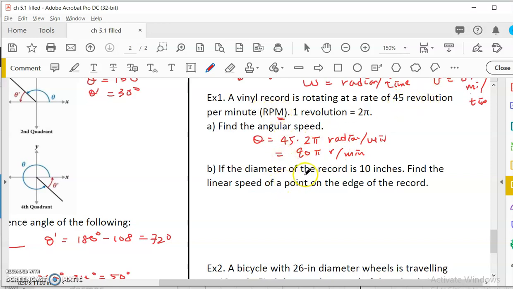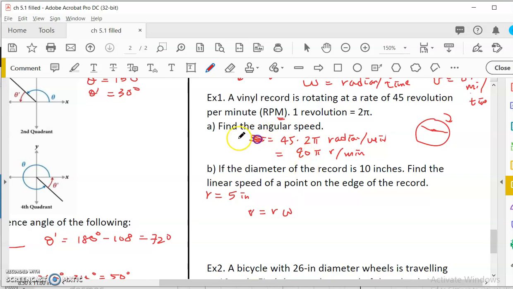If the diameter of the record is 10 inches, so you can see that this is the record, rotating, and the diameter is 10 inches, so the radius is 5 inches, right? Then find the linear speed of a point. We know that linear speed is equal to r omega, and we have omega already.